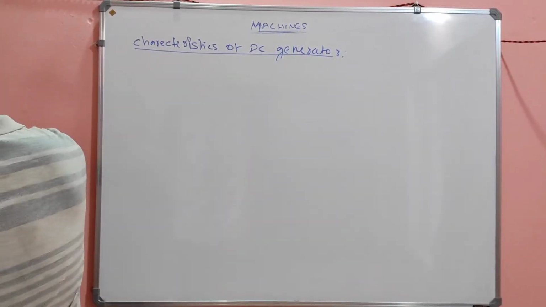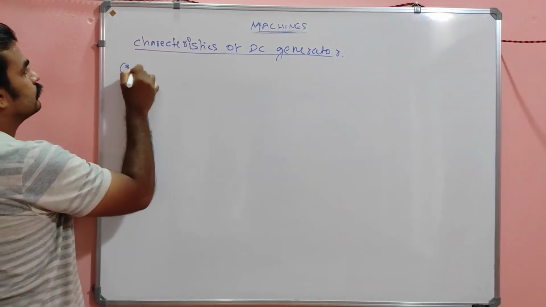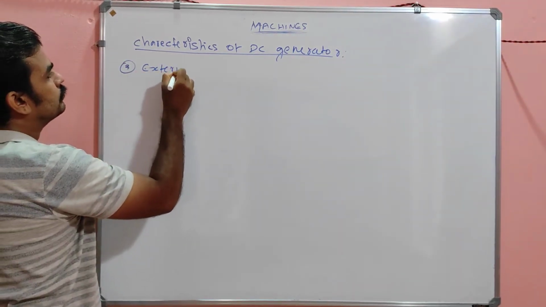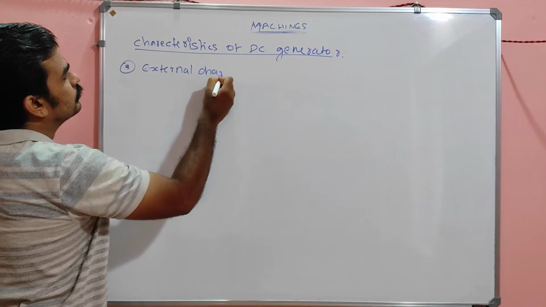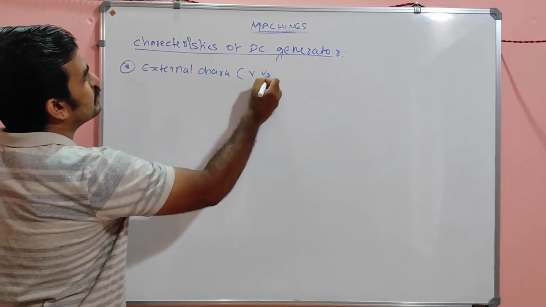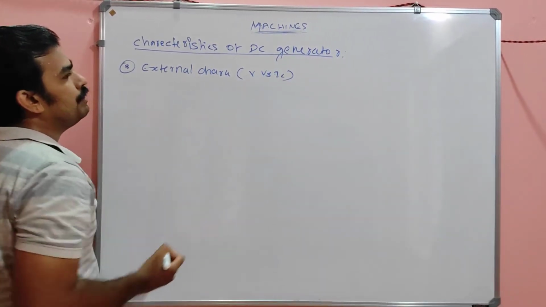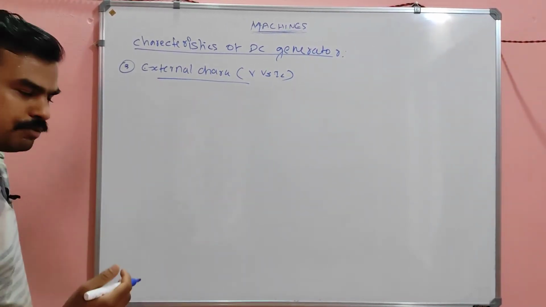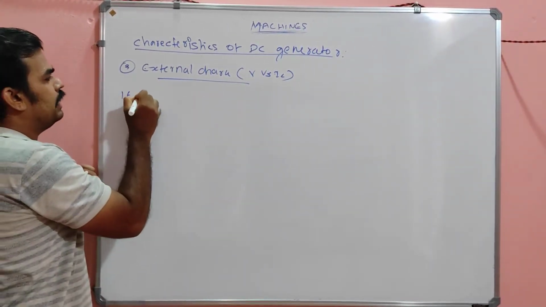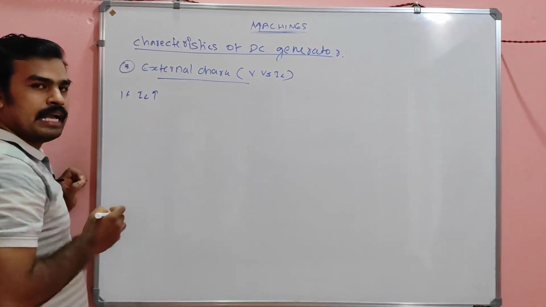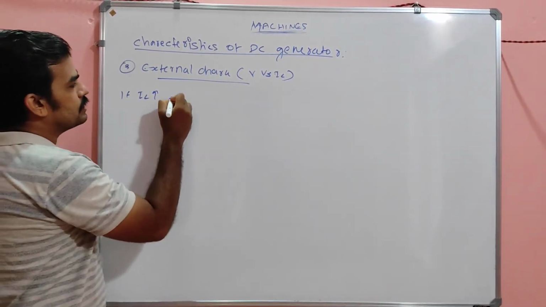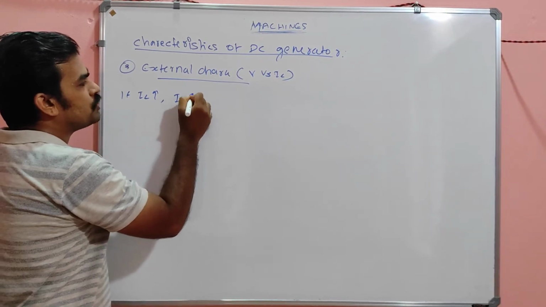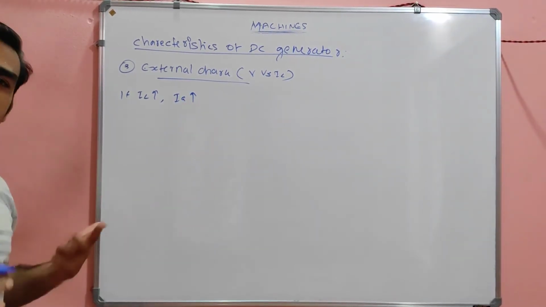What is that? V versus IL is the external characteristic. What is the meaning of external characteristic? What happens if the load current IL increases? Ia also increases.